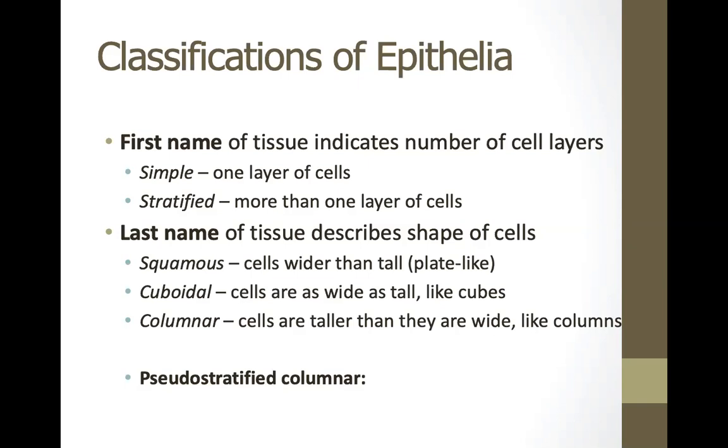Correct, 6 of them. So look at this, guys. If I put simple, what can I put the simple in front of? I can put it in front of squamous, cuboidal, and columnar. So that gives me 3 options. Same thing, stratified can go in front of squamous, cuboidal, and columnar. So it gives me a total of 6 different types of epithelial tissue, which are basically the common names of epithelia we're going to identify.